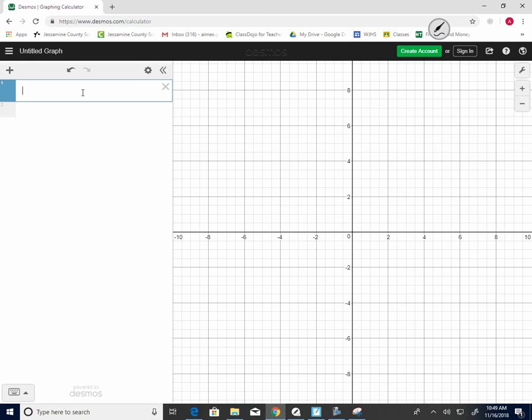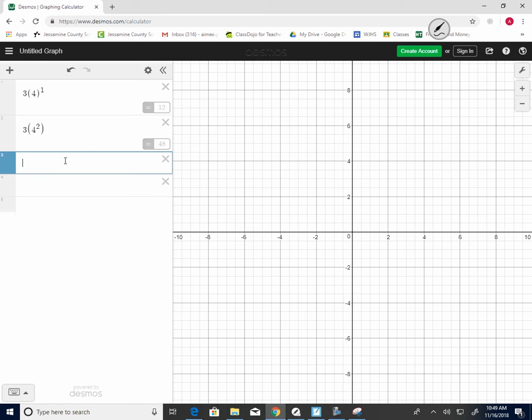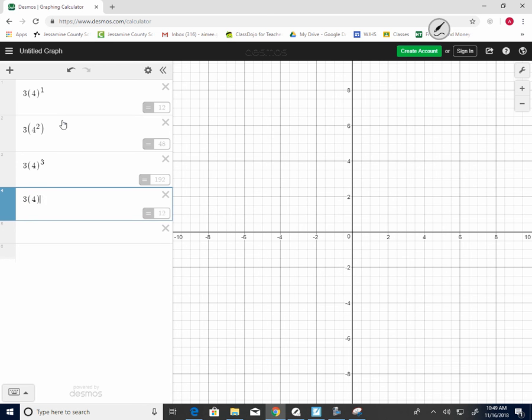Your scientific calculator or your calculator on your phone should be able to handle these. 3 times 4 to the 1st power is 12. 3 times 4 to the 2nd power, whoops, I typed 40, let's go back and fix that, is 48. 3 times 4 raised to the 3rd power is 192, and then 3 times 4 raised to the 4th power is 768.